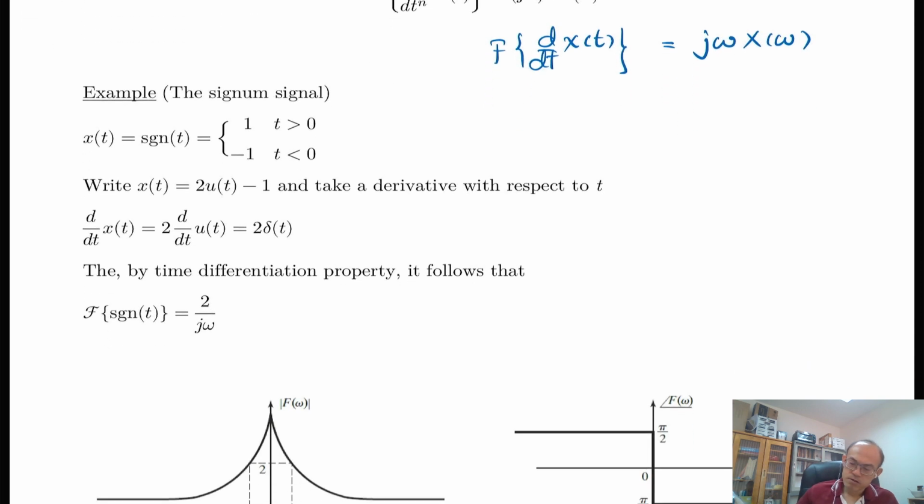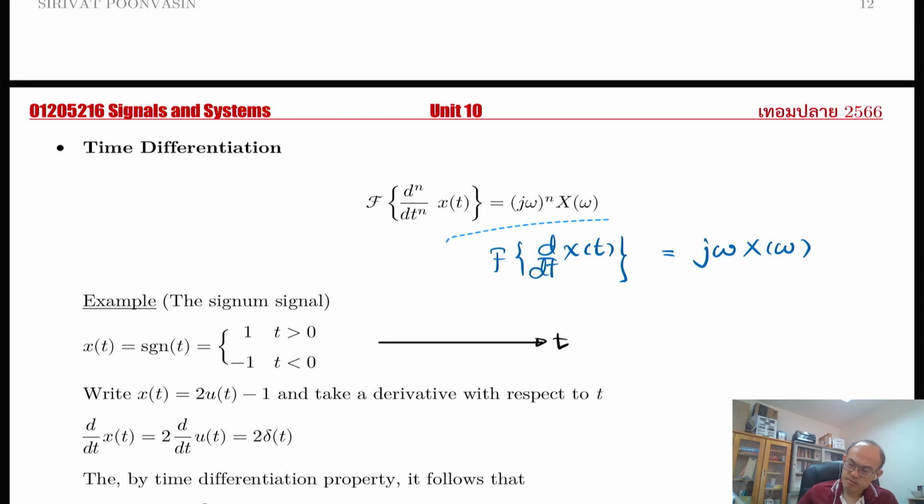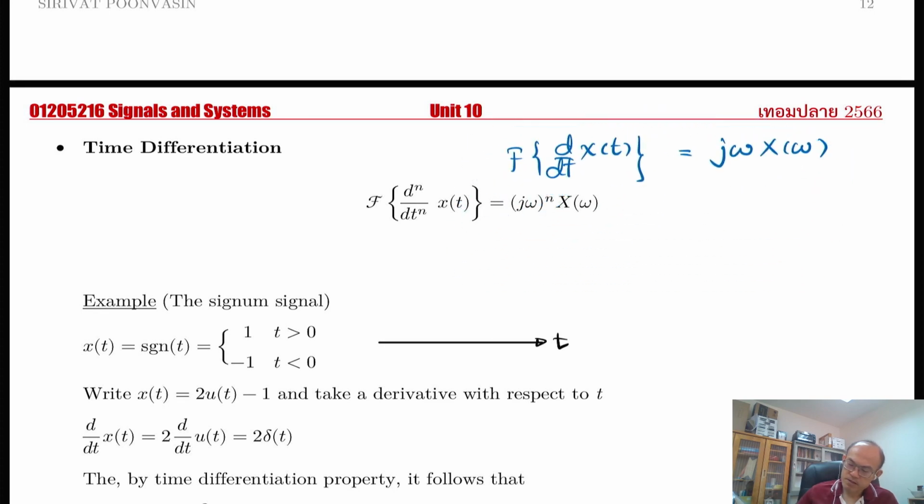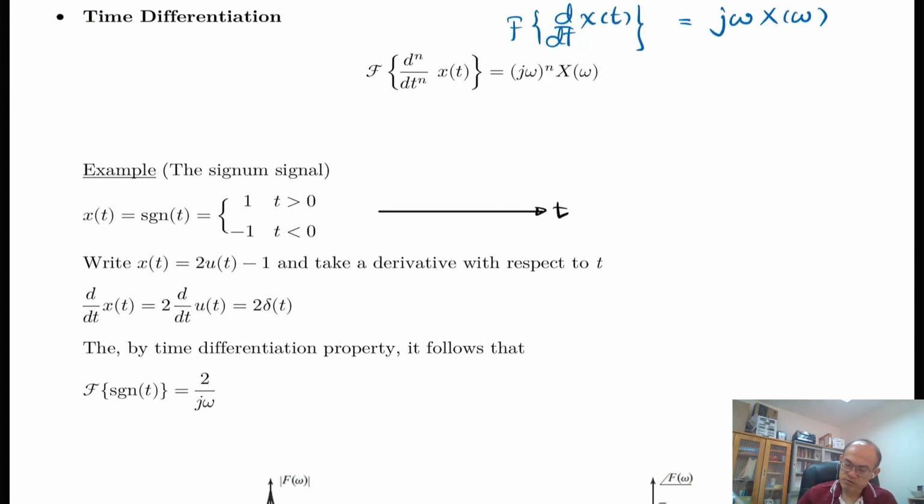Example, suppose we want to find the Fourier transform of the signum signal. The signum signal is defined as 1 when time is positive and -1 when time is negative. So the graph of a signum signal would look like this. Let me bring this one up a little bit so that you don't get confused.